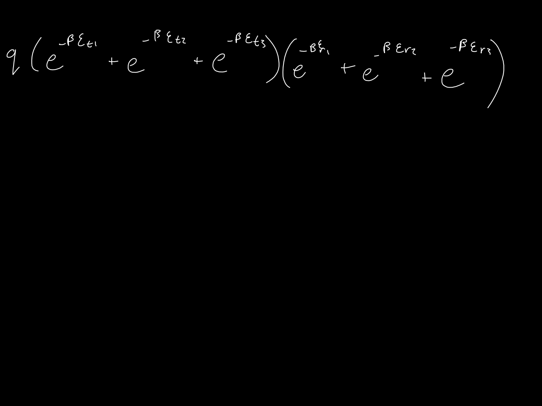And what we're going to do is call this first term the partition function for the translational energy modes. And this one here is going to be the partition function for the rotational energy modes of the system.